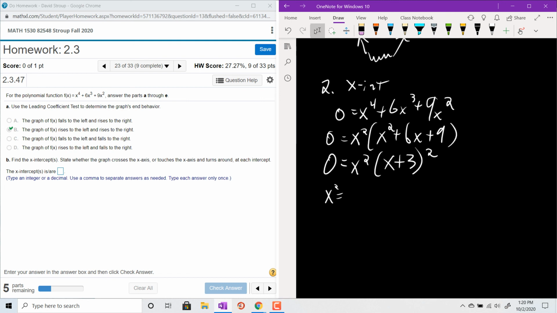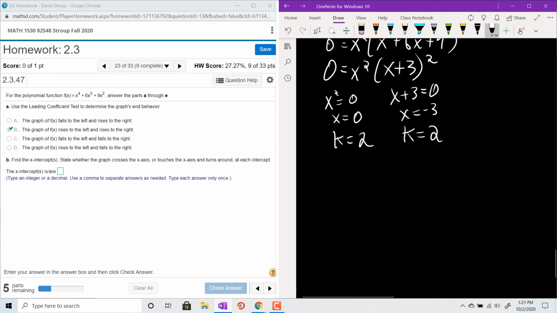So if you take up the pieces, here we have one root is 0 and it has a multiplicity 2. And then because of the exponent on that guy, x plus 3 is 0, x is negative 3, with again another multiplicity 2. So those are both bouncing off. The y-intercept, then you let x equal 0, and of course that's just going to give you 0 for the y-intercept.